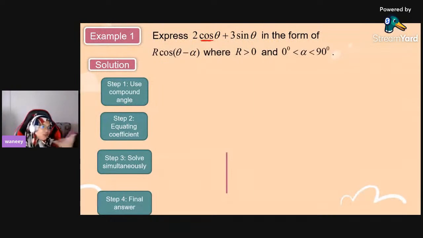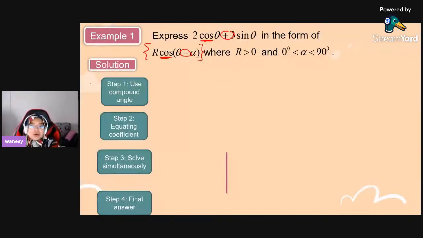So that's the reason why they want you to write them down in the form of r cos. So this is cos, this is also cos. For cos, we need to use a different sign. So that is why this is a plus, meanwhile this is a minus. So that is normally the basic one. Kalau dia tak bagi benda ni lah, macam mana kita nak guess.